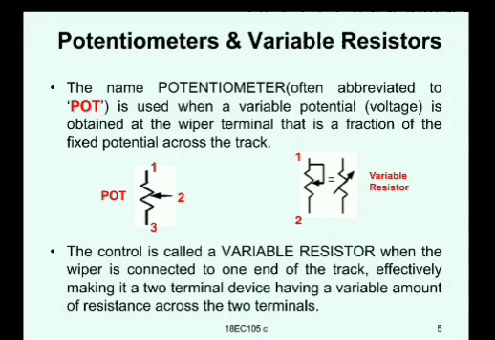So in the figure on the right side, you can see that there are only two terminals, 1 and 2. Here intentionally the variable terminal has been short circuited to terminal 1.